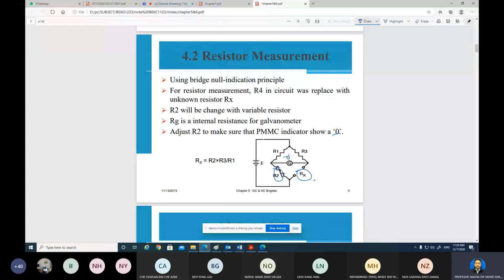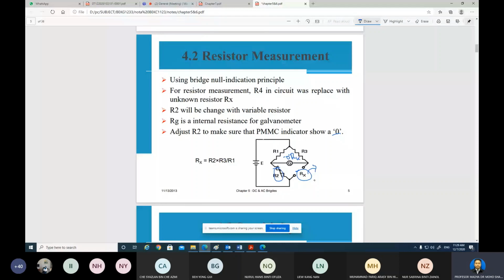You can see that R4 changes to the unknown resistor, for example the Rx we want to measure. R2 we change to a variable resistor. When we put the galvanometer here, we introduce RG, the internal resistance of the galvanometer.